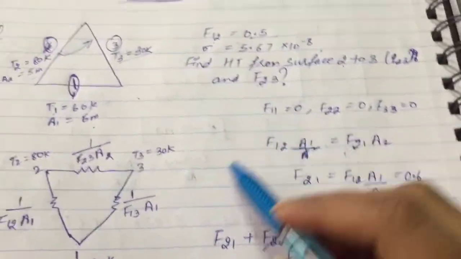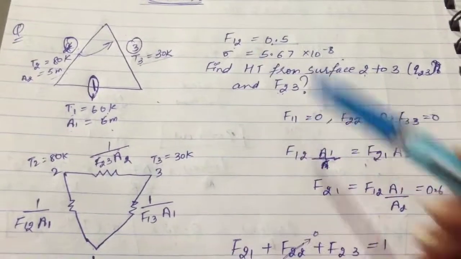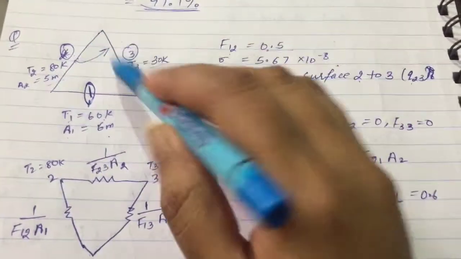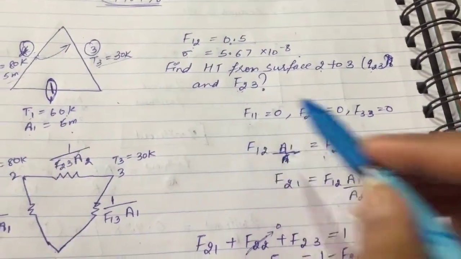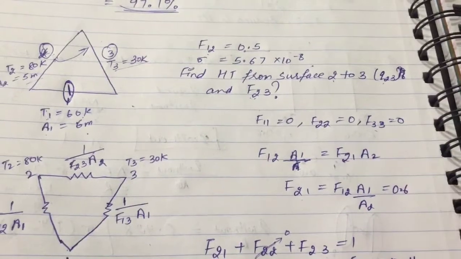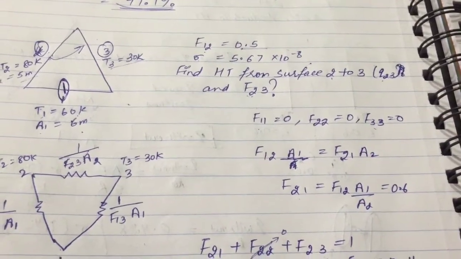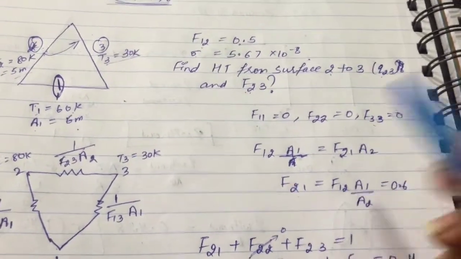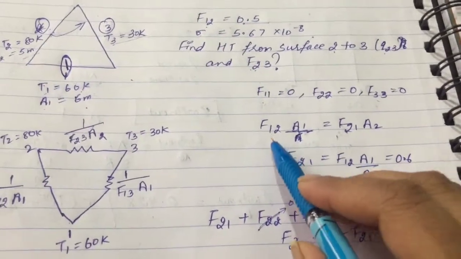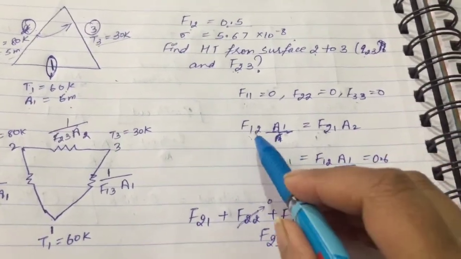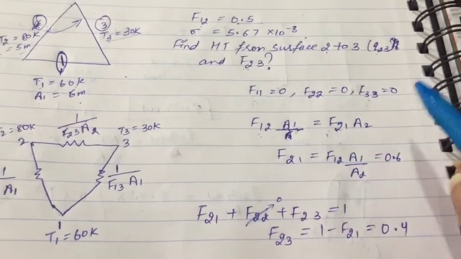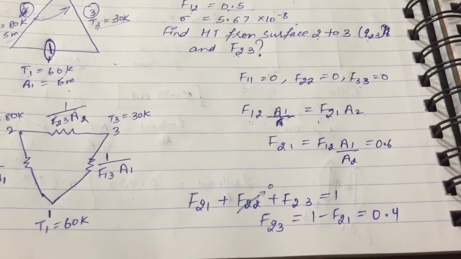Okay, now we know that these are flat surfaces because it is given that these are flat surfaces. So F11, F22 and F33 would be 0. Radiation on the body itself for a flat surface is 0. From the reciprocity theorem we know that F12 into area 1 would be equal to F21 into area 2.